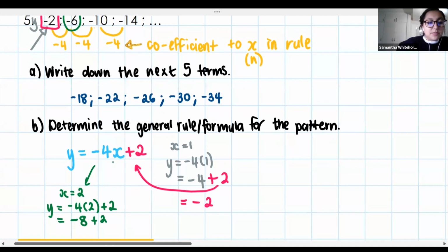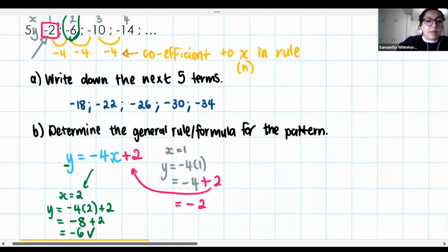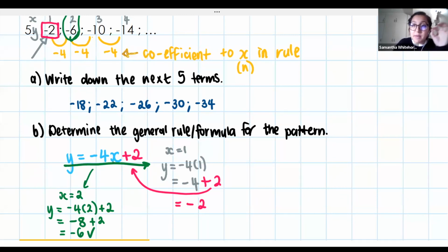And -8 plus 2 is -6. That is exactly what I wanted. And so what I know is that my rule of y is equal to -4x plus 2 is correct. Now, guys, it has to be -4x. You are subtracting 4. If you've got 4n, it means your pattern's increasing. This is not. This is decreasing. It's getting more and more negative.